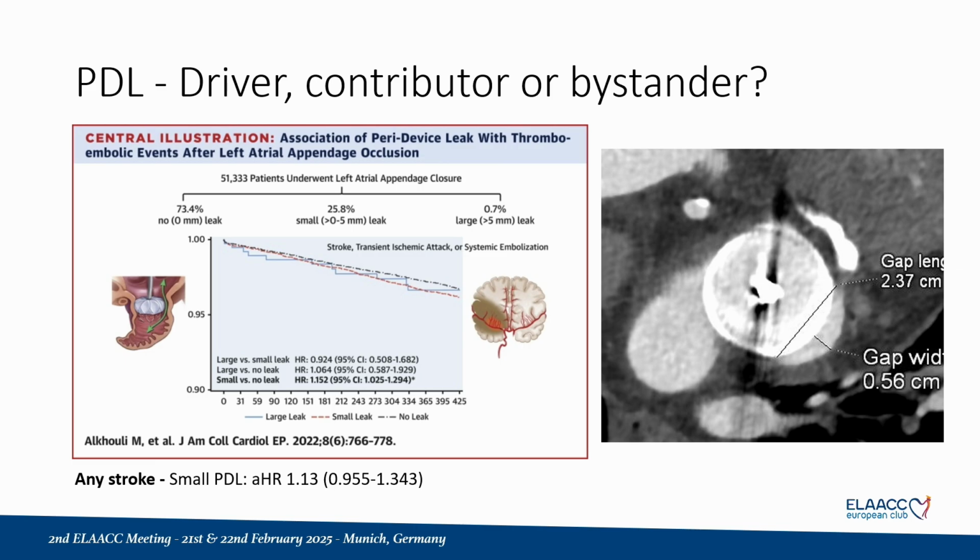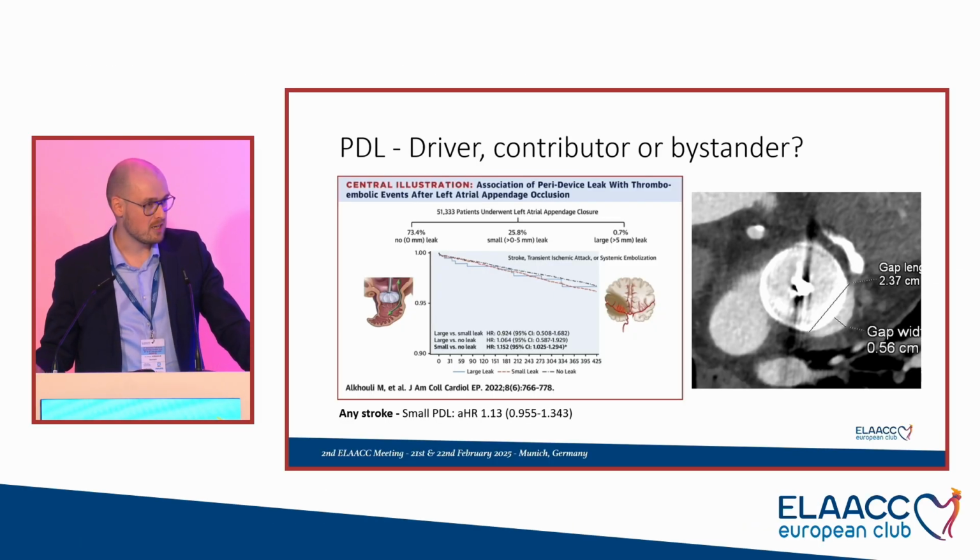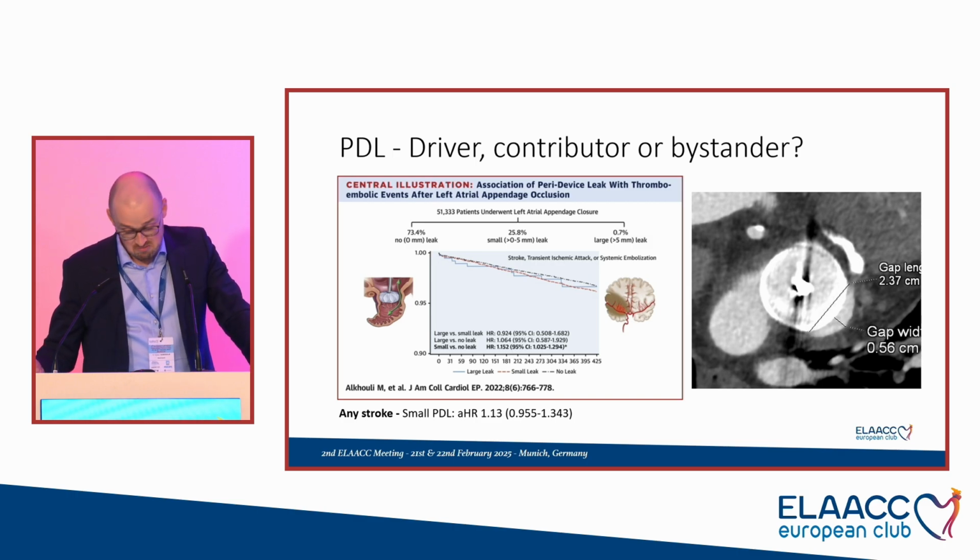And it cannot all have the same risk of stroke. And we know also from observational studies that patients with large atria have a higher risk, or it's a predictor of PDL. So is PDL actually the driver or the contributor or just a bystander when looking at this?